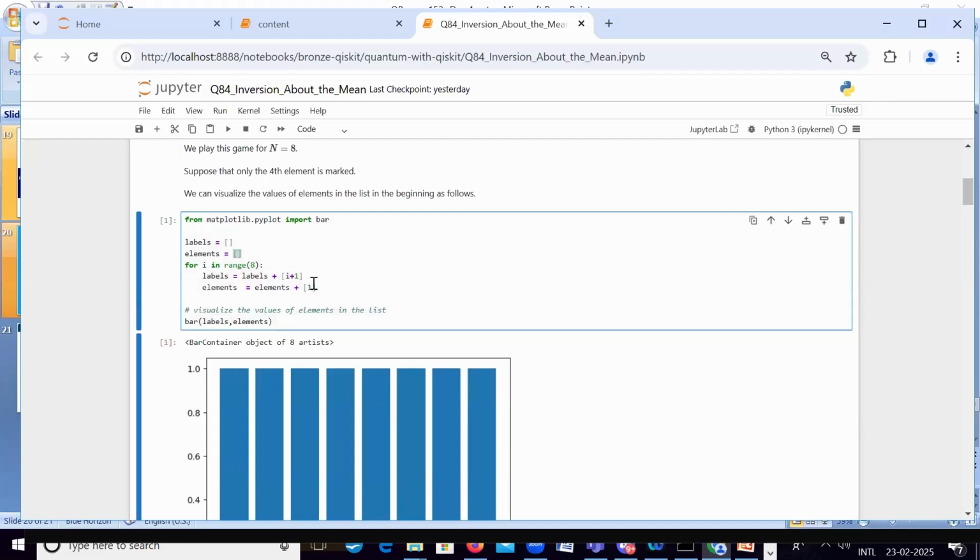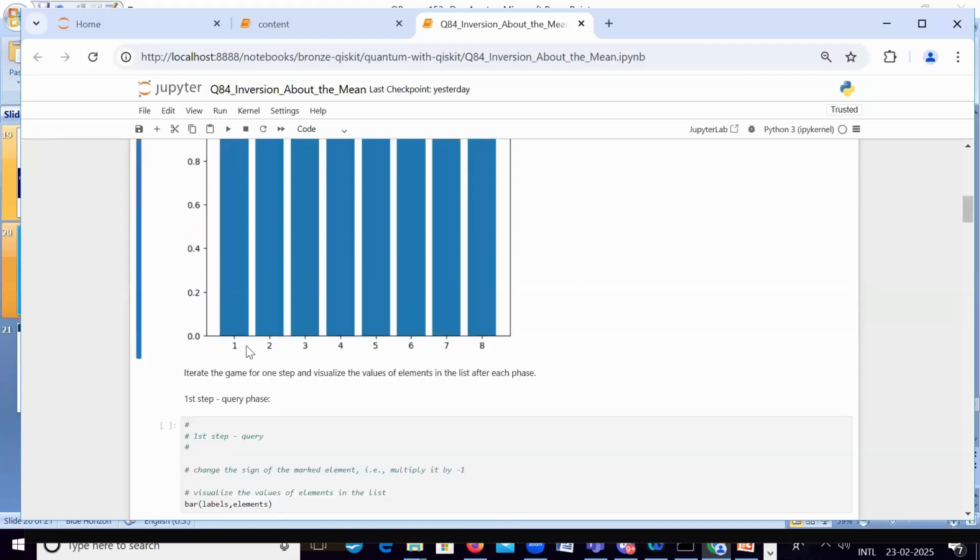Now the code is like this. Initially there's a label, which is a blank value, and the elements are also blank. For a given range of 8, it goes from 0 to 7, and the label is added. We can see the labels displayed here: 1, 2, 3, 4.